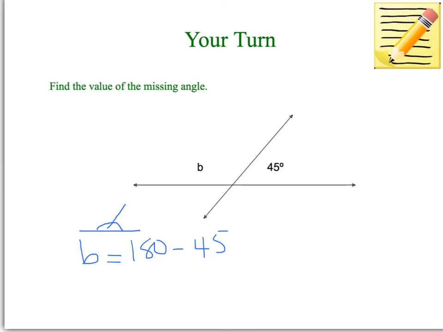Alright, so we need to work out what 180 minus 45 is. And that's 135 degrees. So B, angle B equals 135 degrees. Because it equals 180 altogether, and they're supplementary angles.